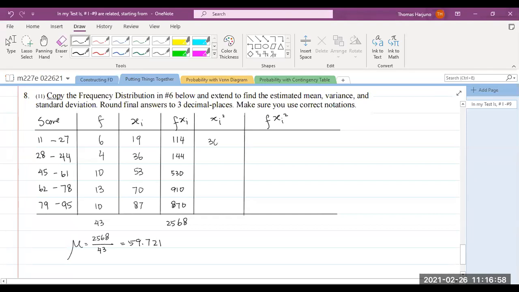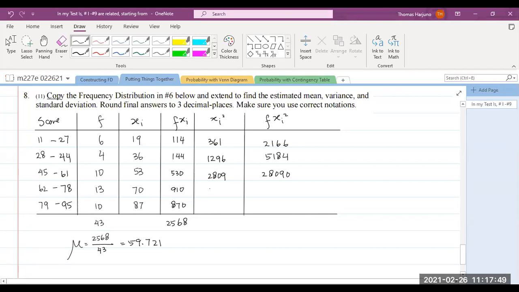X squared is 361, 36 squared is 1,296 times 4, 5,184. 53 squared is 2,809 times 10 is 28,090. 70 squared should be easy.